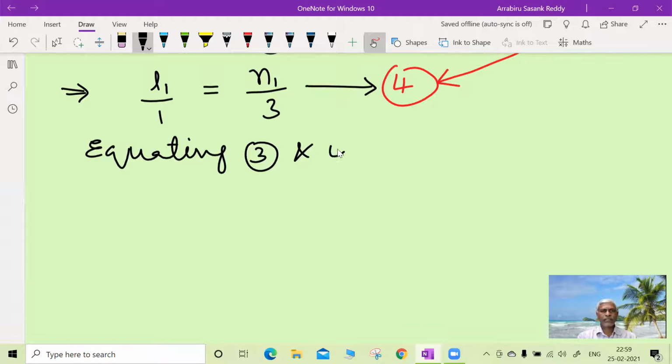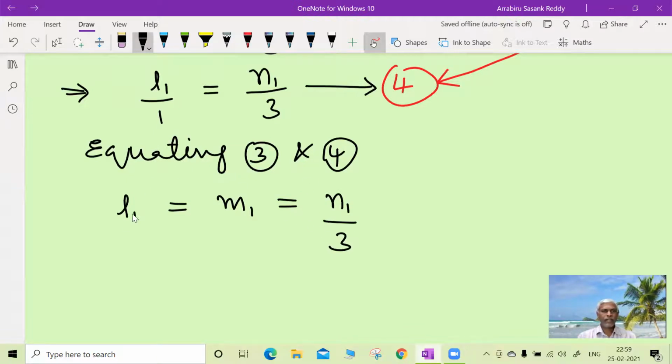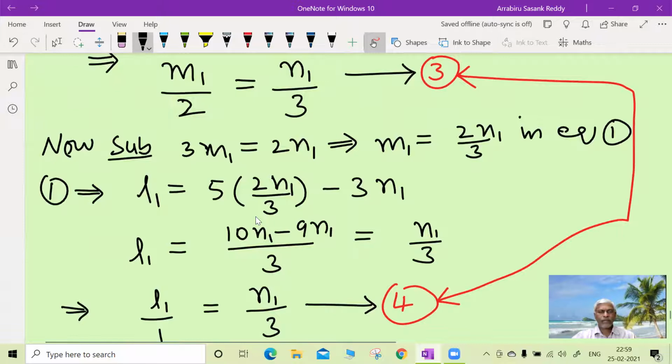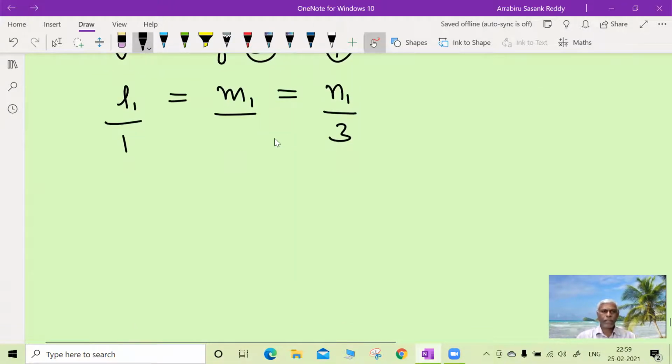Equating 3 and 4: l1 by 1, m1 by 2, n1 by 3. So 1, 2, 3 are the direction ratios of the first line.